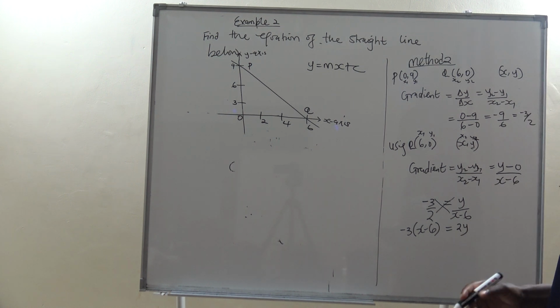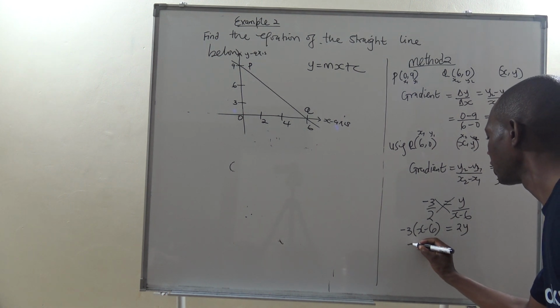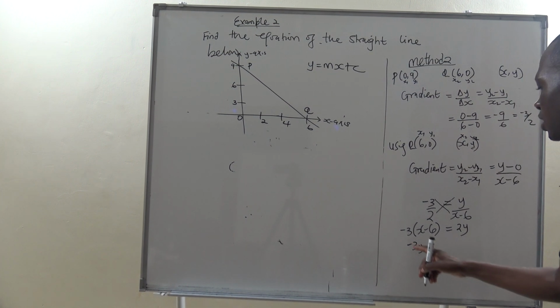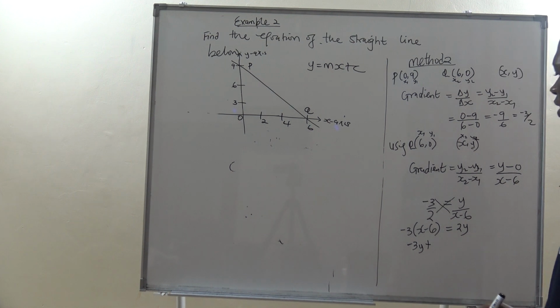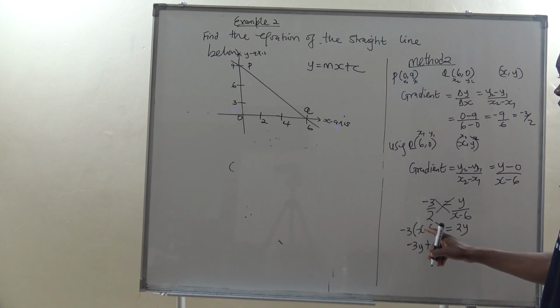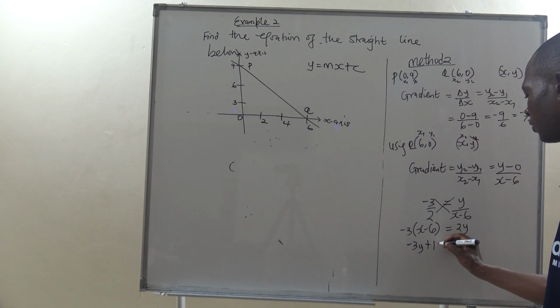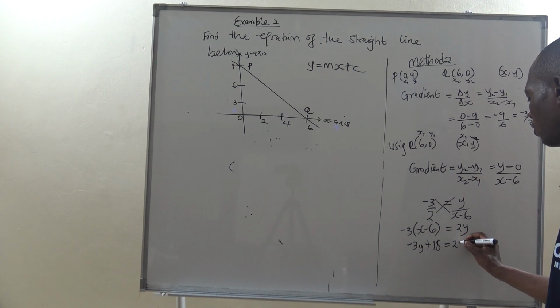So when we open up the brackets, we shall have negative 3x, a negative times a negative, you get a positive. Negative 3 times negative 6, we get positive 18, equal to 2y.